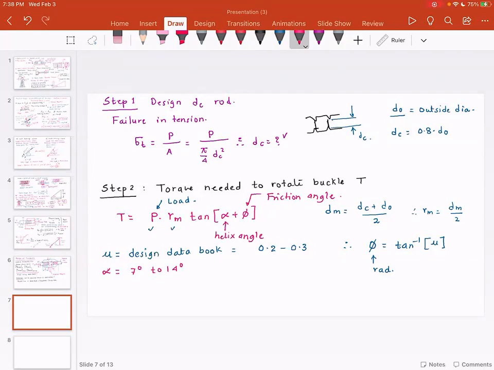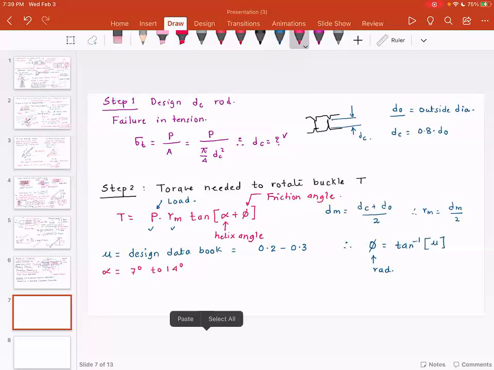So typically those standards are followed when the screws are cut. So the idea is, once we know the value of P, we find out the value of Rm, we find out the value of tan alpha plus phi, we get the value of external torque.